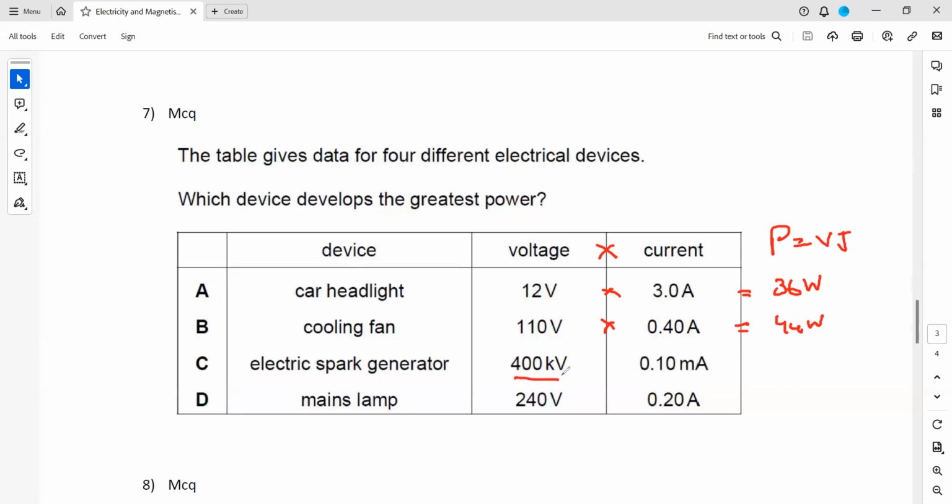This is 400 kilovolts. Kilo means 10 power 3. So 400 times 10 power 3 multiplied by 0.1 milliampere, so it will be 0.1 into 10 power minus 3. When you multiply, plus 3 and minus 3 cancel out, and 400 into 0.1 will make 40 watts.